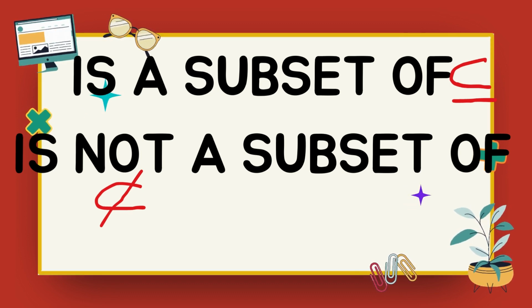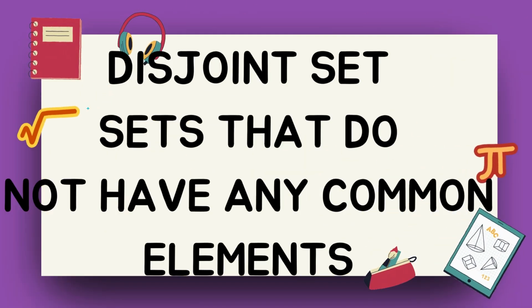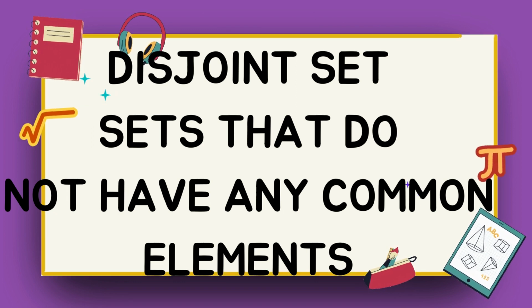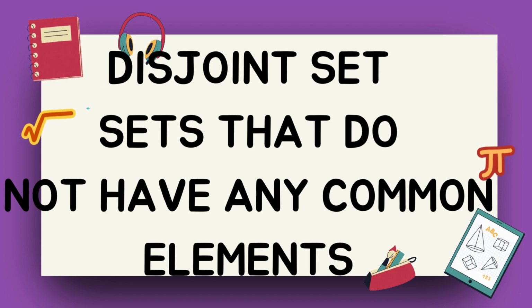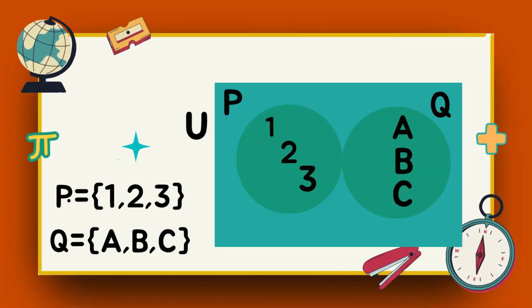Let's move on to disjoint set. Sets that do not have any common elements. This example is an indication of a disjoint set.